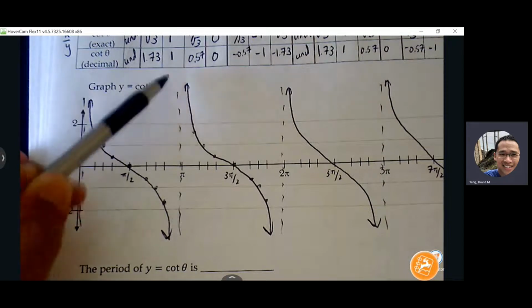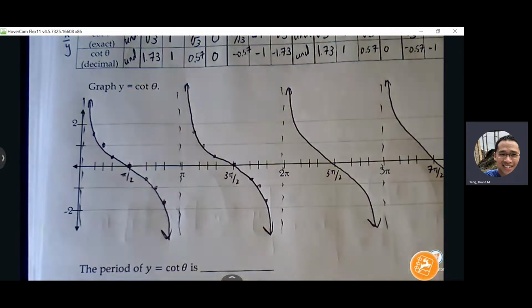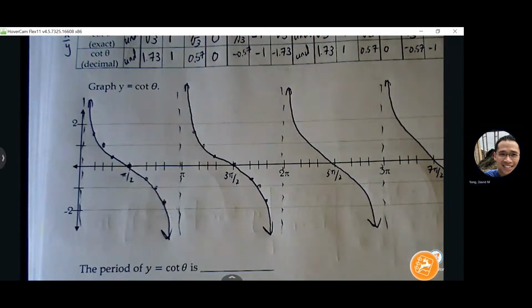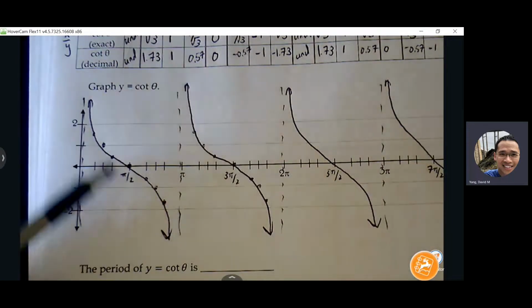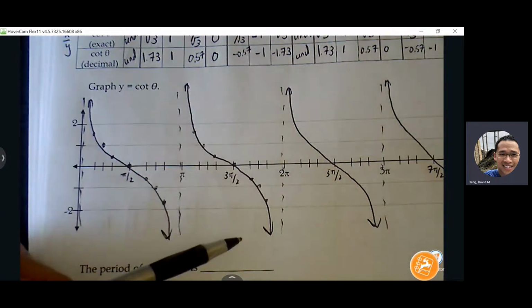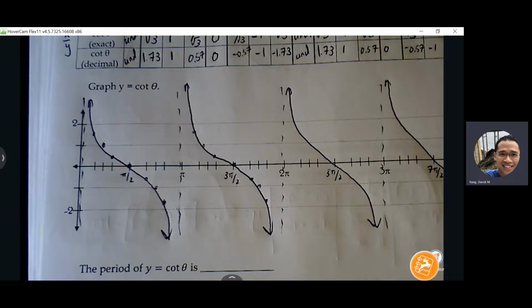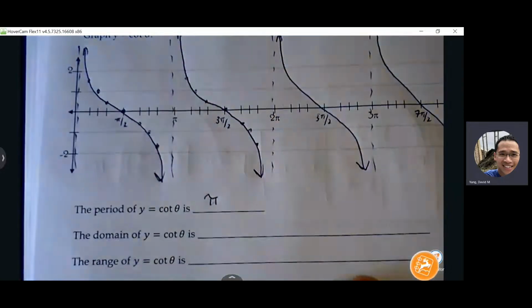So that's why secant and cosecant has 2 pi, because it needs to go through that 2 parabola behavior before it repeats itself. But here, this is a complete repeat after pi. So that's something that's different with cotangent and tangent, is that your normal period is going to be half the length of your other trig functions. It's only going to take pi before it completes its cycle.